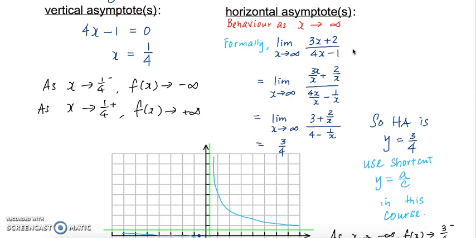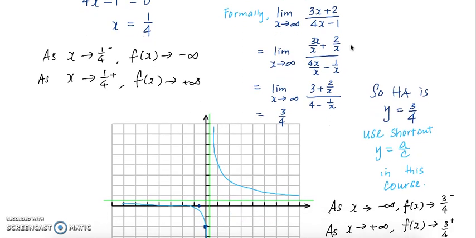Formally we say, as x approaches infinity, where will the function (3x + 2)/(4x - 1) approach? So you write it out like this. To evaluate this limit, the rule of thumb is to divide every single term by the highest power of x found in your original function.